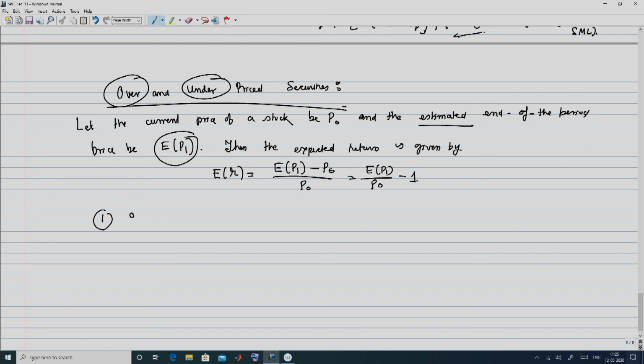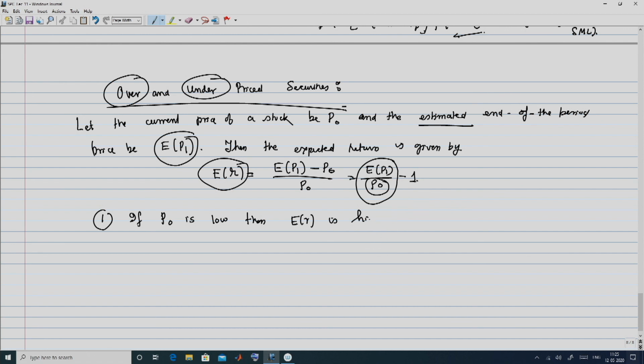So, first of all, if P0 is low, now if P naught is small, then this quantity is going to be large. So, if this is low, then consequently E of r is going to be high, because E of r and P naught behave in an inverse manner.